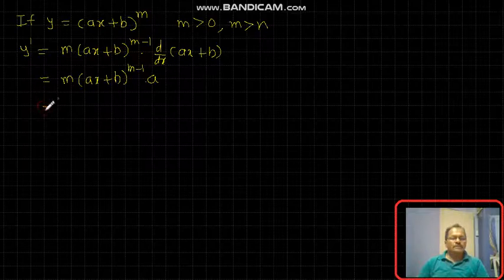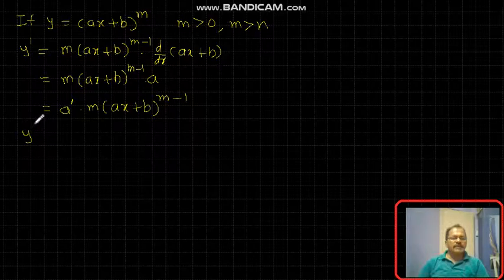So the first derivative is a raised to 1 into m into (ax plus b) raised to m minus 1.